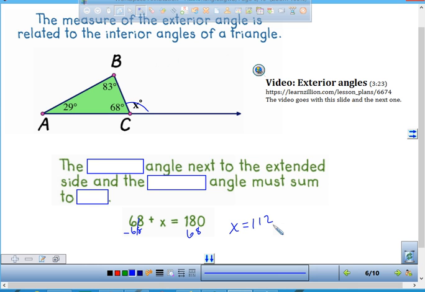It's scalene. Why is it scalene? All of them are going to be different. The reason I know all of them are going to be different is because all of my angles are different. If all of your angles are different, all your sides are different. Very good. A scalene acute triangle. Questions?